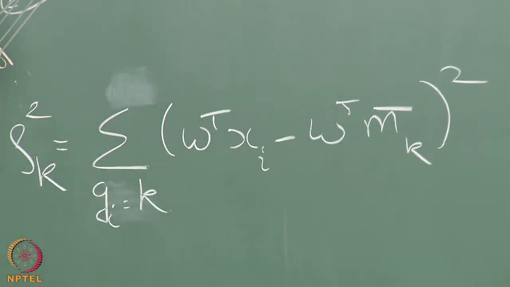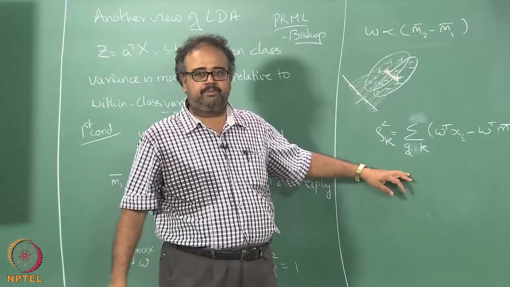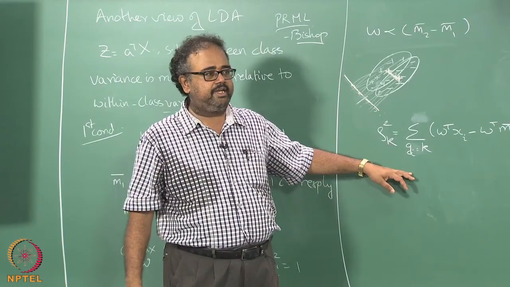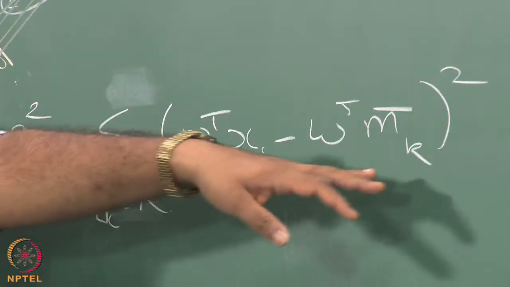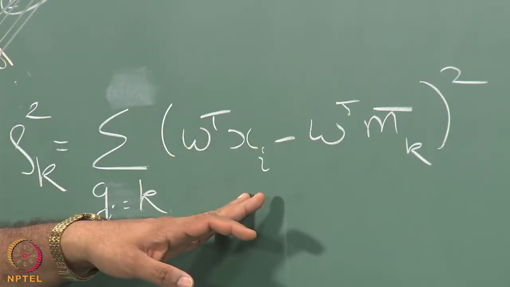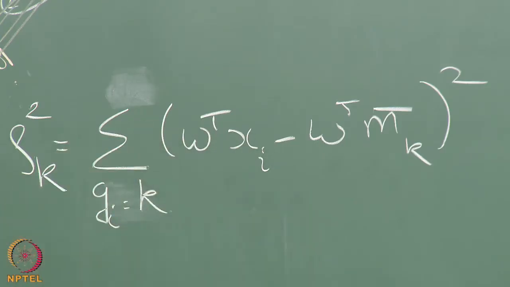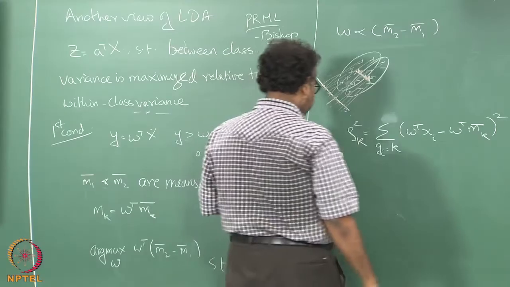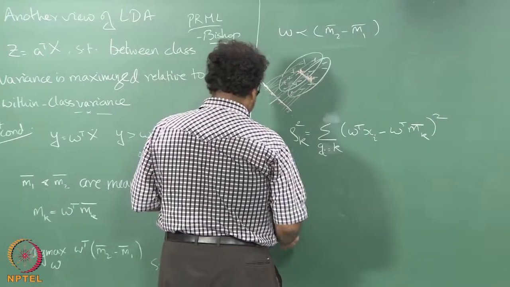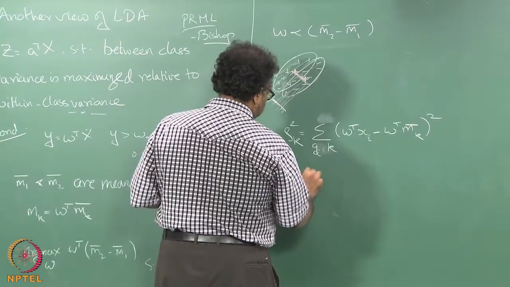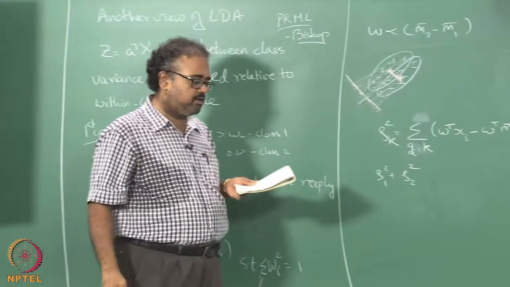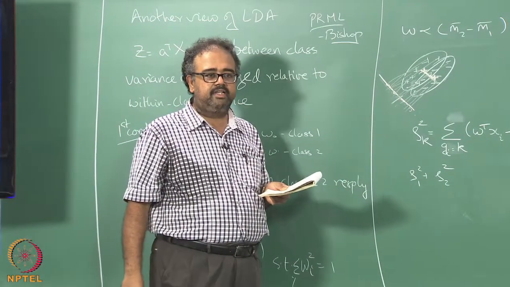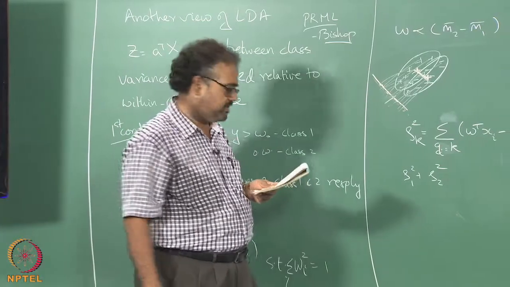Keeping in with the terminology we are using there. So I am picking out all the training data points which had class k, right. I am looking at the projected distance from the projected mean. This gives me the total within class variance, right.